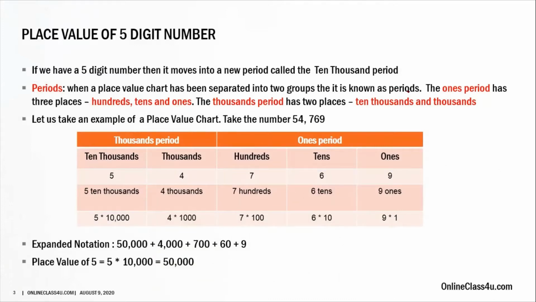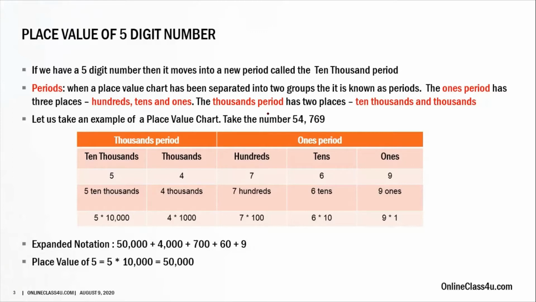Here two groups will be formed. One group is the ones period and the other is the thousands period. In the ones period come ones, tens and hundreds, and under the thousands period come thousands and 10,000s.